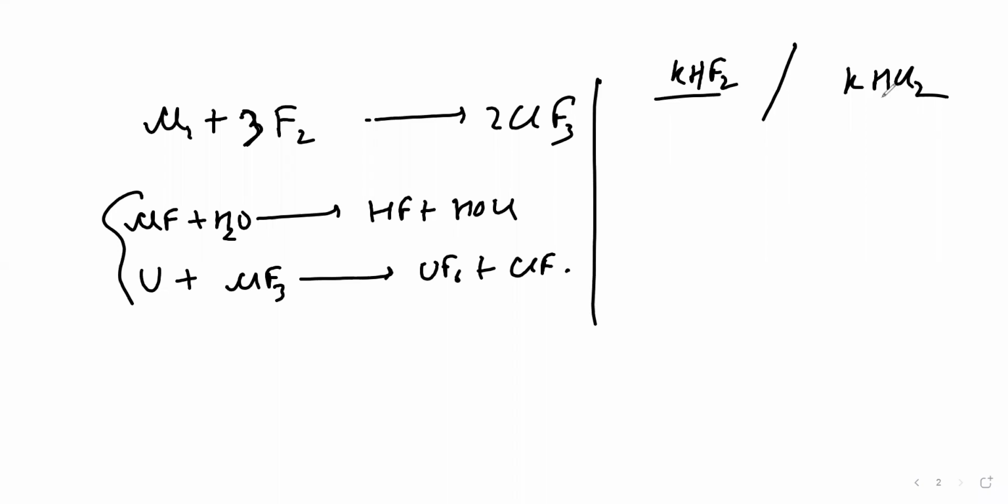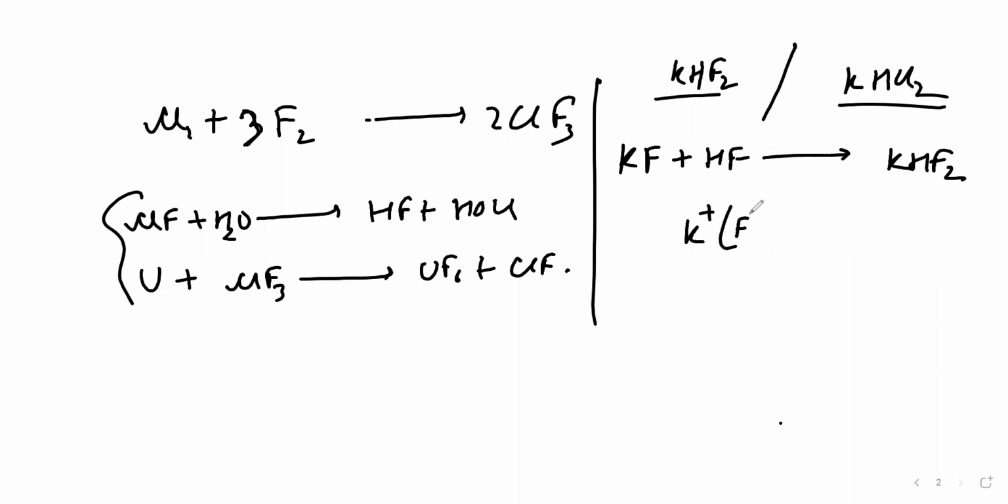Looking at the formation: KF reacts with hydrogen fluoride to form KHF2. Between hydrogen and fluorine, hydrogen bonding can form. If we draw the structure, K positive, F negative, and on the other side hydrogen fluoride.